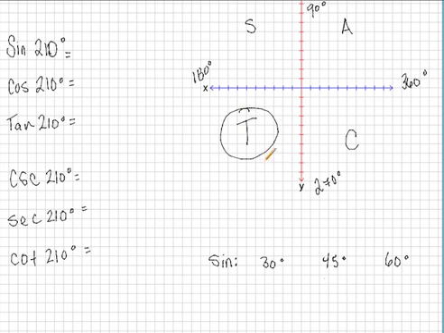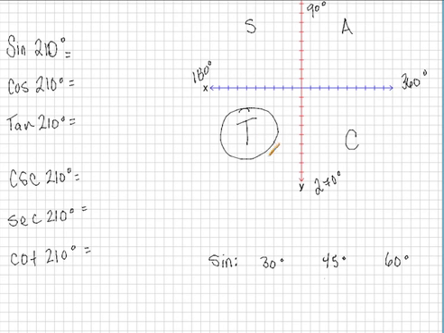Identifying what quadrant we're in is going to tell us the sign of our trigonometric functions. So you'll see here that I've written CAST, starting from the C in the 4th quadrant, cast. Some students also memorize this, starting from the 1st quadrant, as all students take calculus.